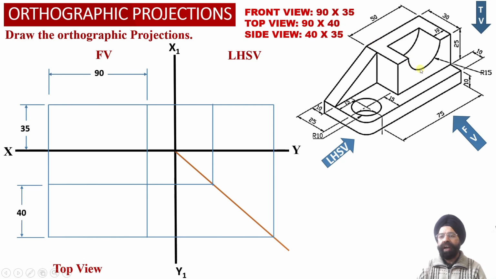Now here we have got a semicircular hole having radius equal to 15 millimeter. Now we know that the width of this rectangular block which is resting on top of this horizontal web happens to be equal to 50 millimeter. So corresponding to this rectangular block width of 50 millimeter, we are going to mark a distance of 50 millimeter from the right hand side face of the solid.